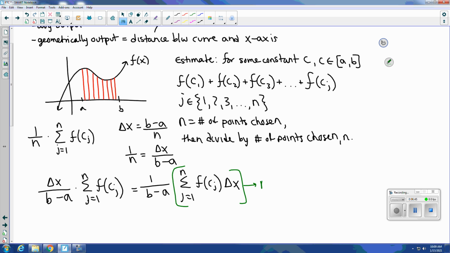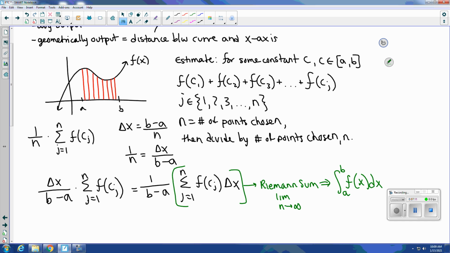So this is going to be our Riemann sum, specifically our right Riemann sum, because it's starting at 1 and then going to n. And we know when we take the limit of the Riemann sum as n approaches infinity, that's going to be the integral from a to b of f of x dx.